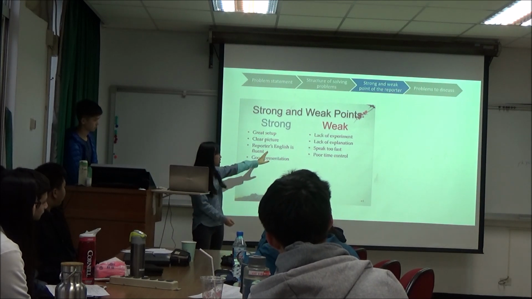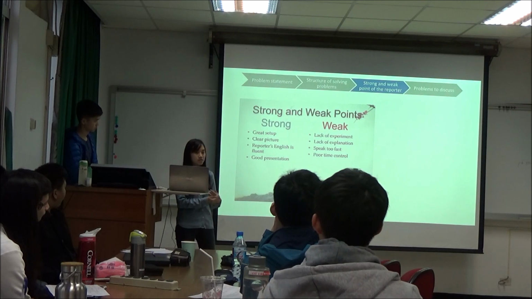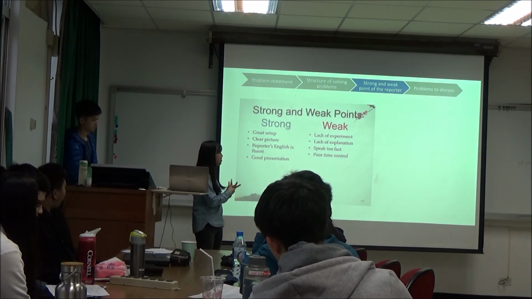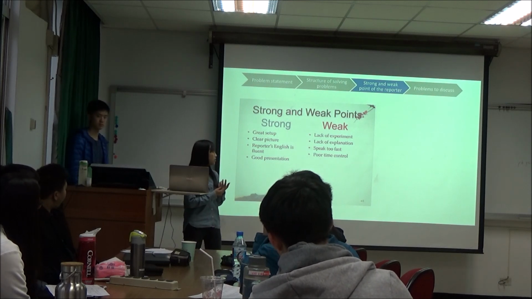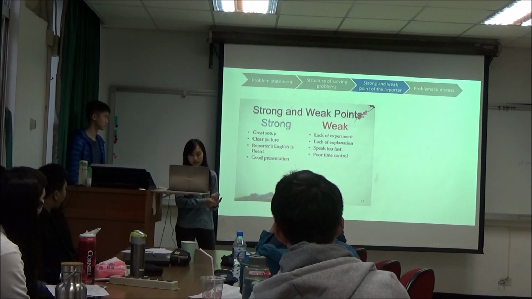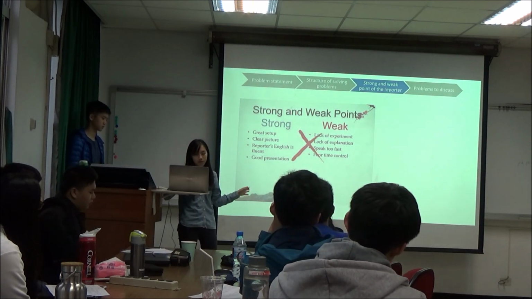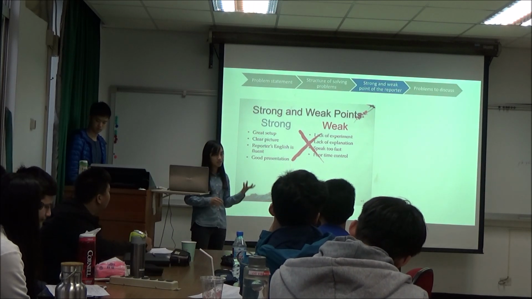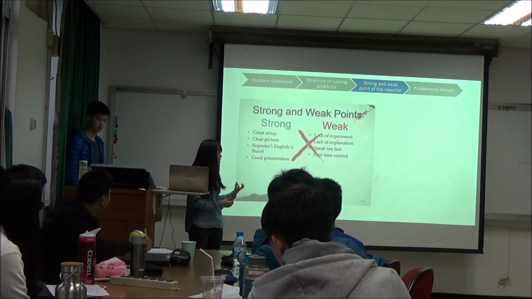And about when you type lack of experiment, you have to explain why do you think that the experiment is not enough, and what is the importance of the lack of parameters. And also, do not use these kinds of points. And if the pros and cons is suitable for every reporter, then it's not actually a strong or weak point.